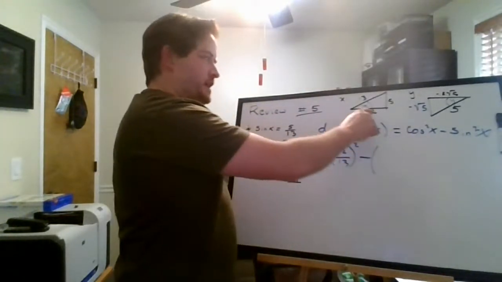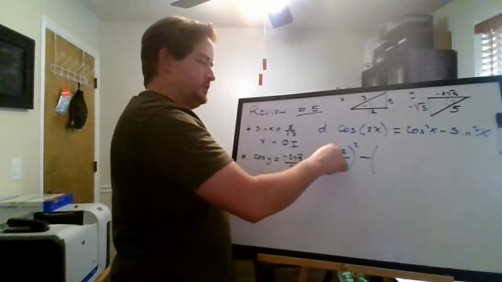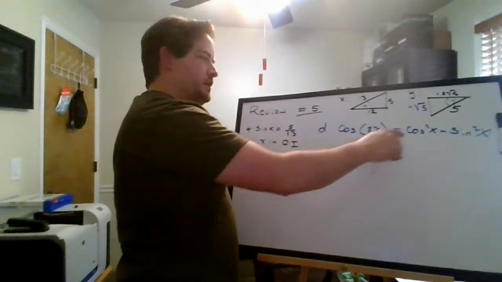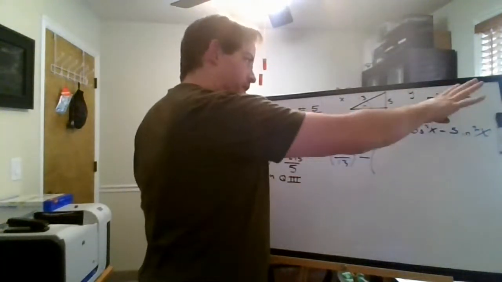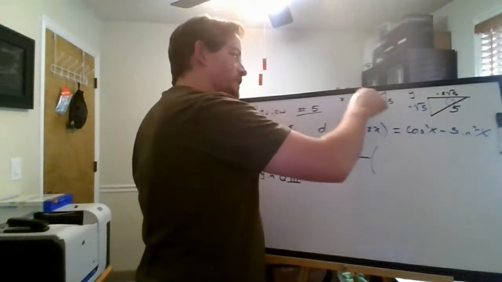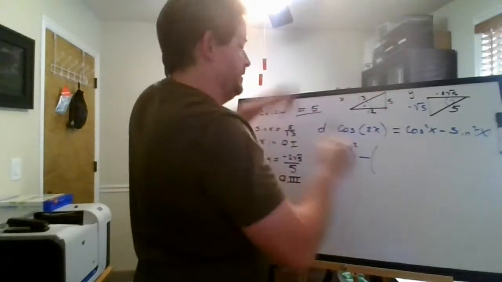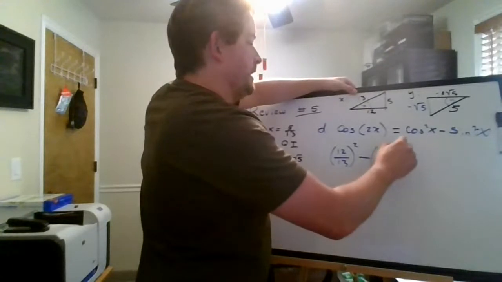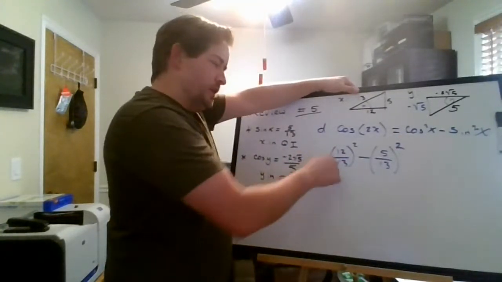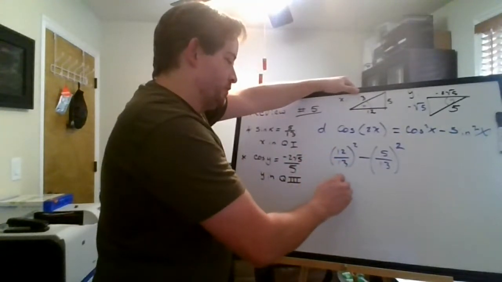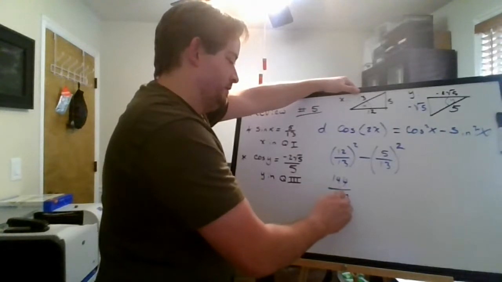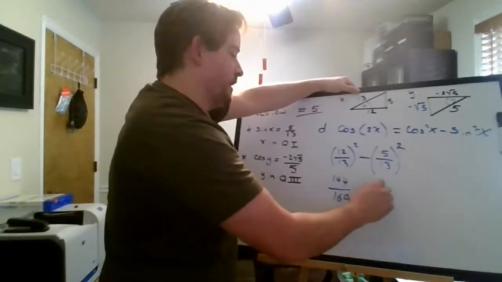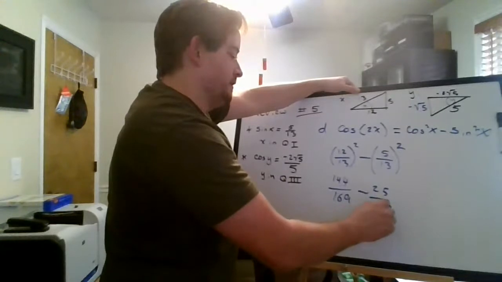The cosine of x came from here, 12 over 13. So I have 12 over 13. That gets squared. I'm still using x. I don't need anything to do with y. Sine squared of x is 5 over 13. So that is 5 over 13, and that gets squared. So I have 144 over 169 minus 25 over 169.